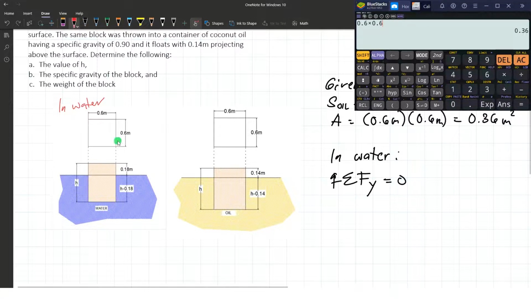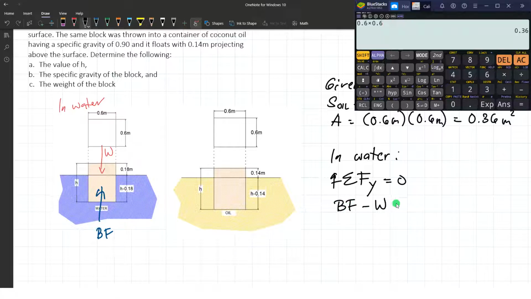The forces present here are the weight of the block of wood and the buoyant force. Taking the sum of the forces, we have buoyant force upward subtracted by the weight of the wood equals 0, or the buoyant force equals the weight of the wood.